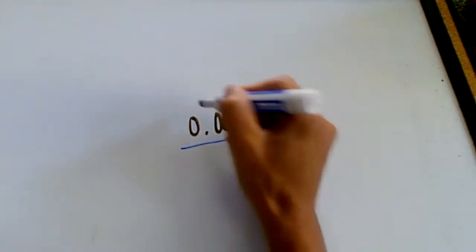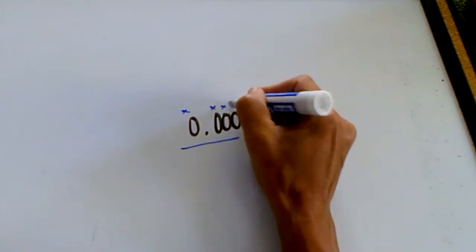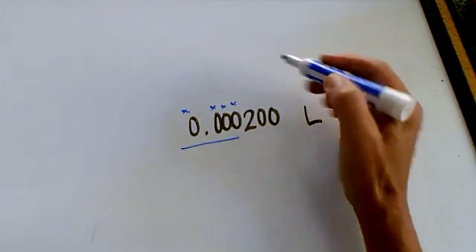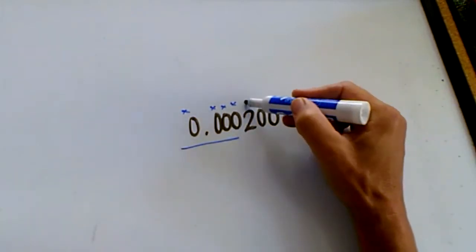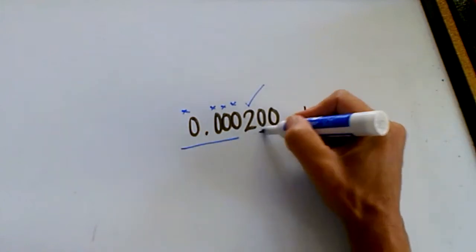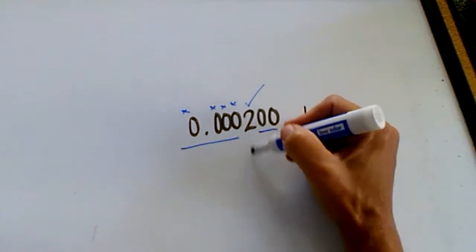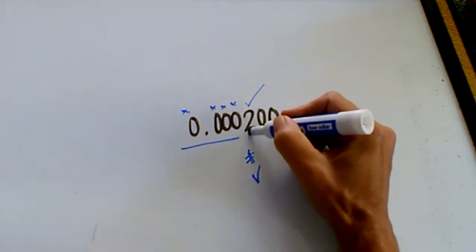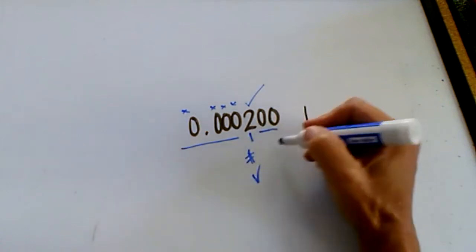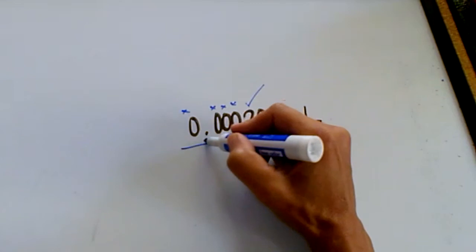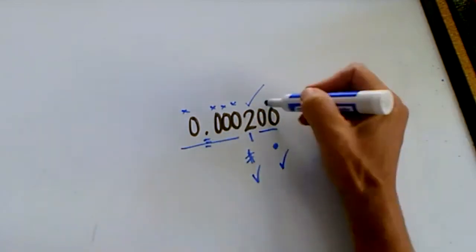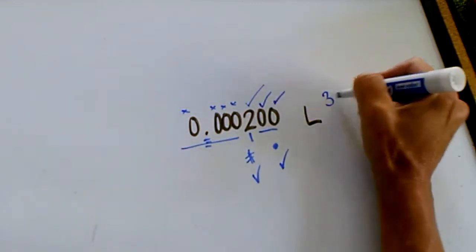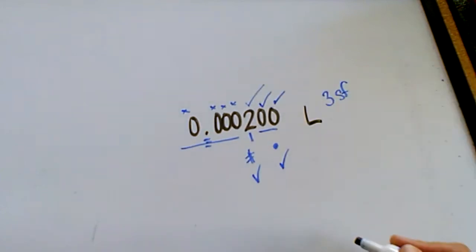Well, these zeros are in the beginning, so they are not significant. They are placeholders. This is a number, so it's significant. These are trailing zeros. Yes, there's a number in front of it right here. And yes, there's a decimal. It's right here. So they are significant. And we have 3 sig figs. All right.